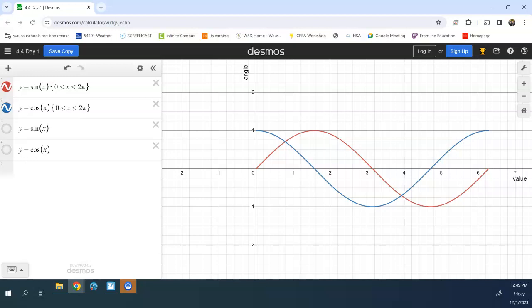Yeah, they're the same. What's different about them though? It's a translation. So let's put that in everyday English terms. A translation is a movement, a shift, right? So if I shift the cosine curve, that's the blue one, which way would I have to shift it for them to actually match up and be exactly the same?